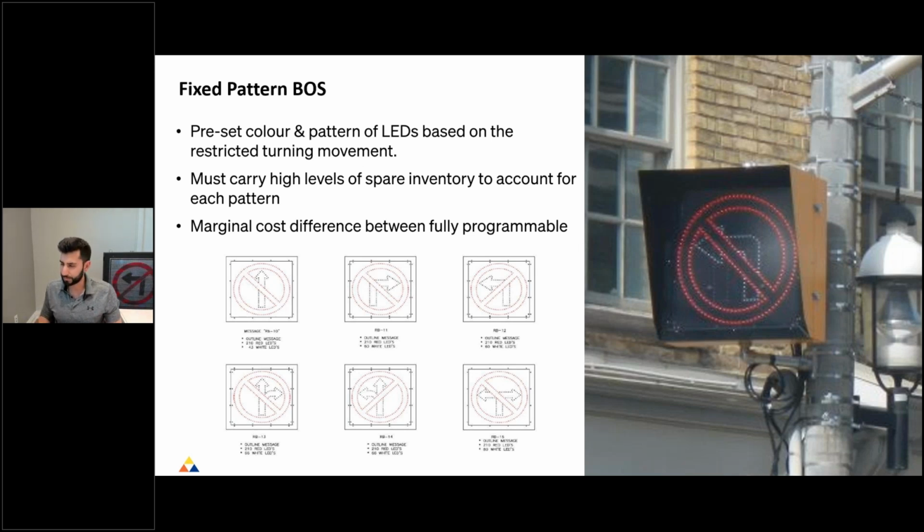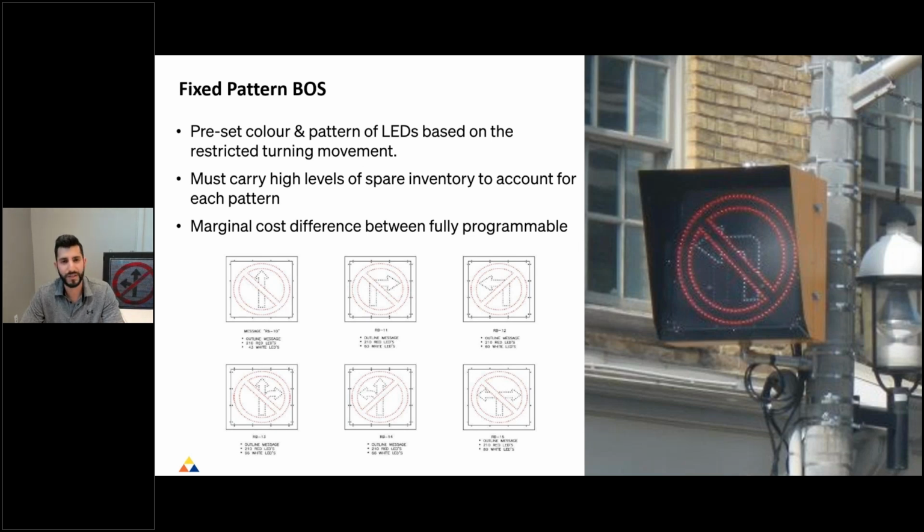And the primary complaint we're hearing from municipalities regarding these fixed boards is that, once I have an inventory of fixed message boards that are different patterns, I need to carry spare inventory for each pattern. So let's say I have 6 different boards within my municipality, and now I need to carry 6 different spare types to support any failures in the field.